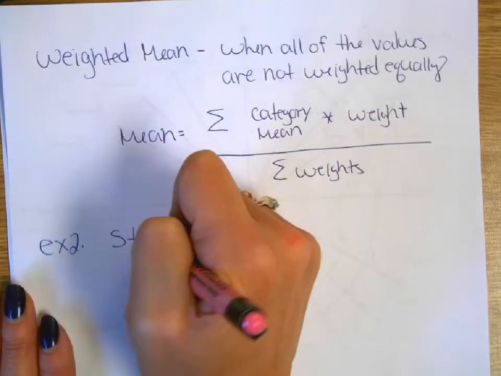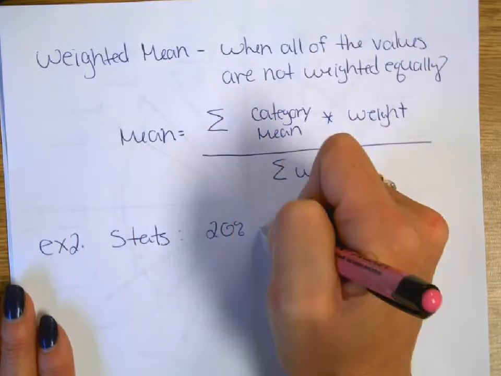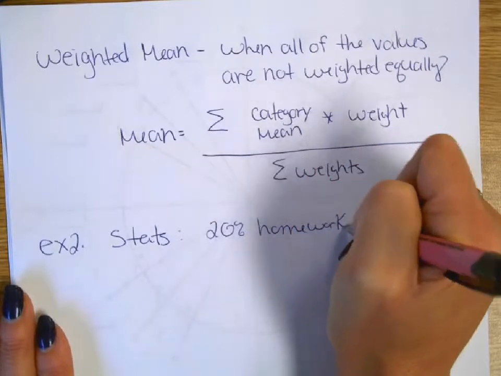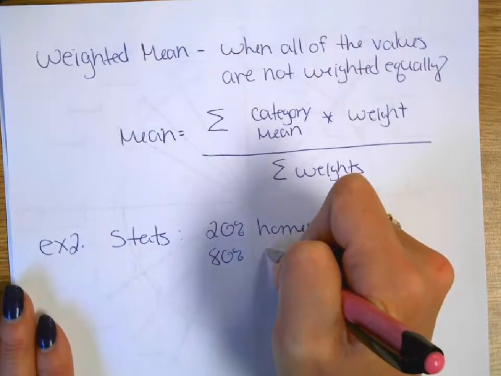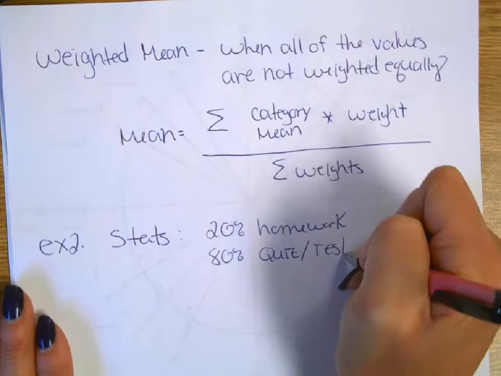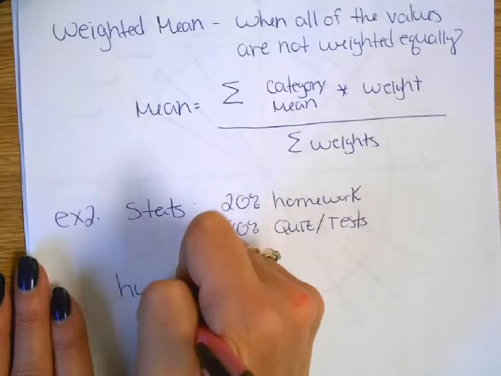So in stats, 20% of your overall grade is homework, and 80% of your grade is quizzes and tests. So, let's do a sample here.